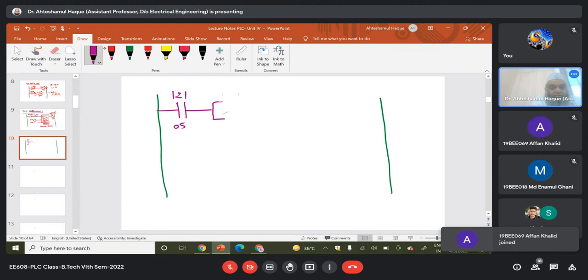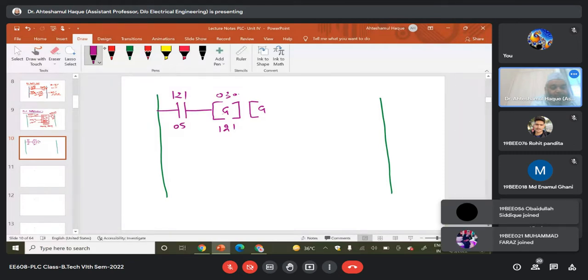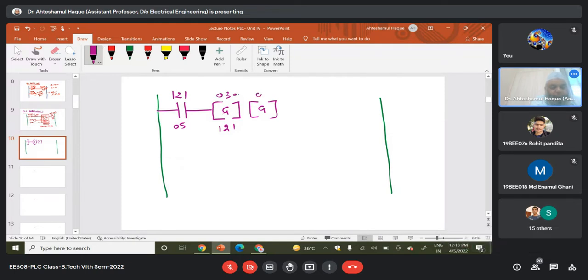Then I have one number here, 121, 030, and then G, 031, 486, and then I have the multiplying action 058, 032 is the address, and then I have multiplying 806, that is the 033 address. This is coil format.